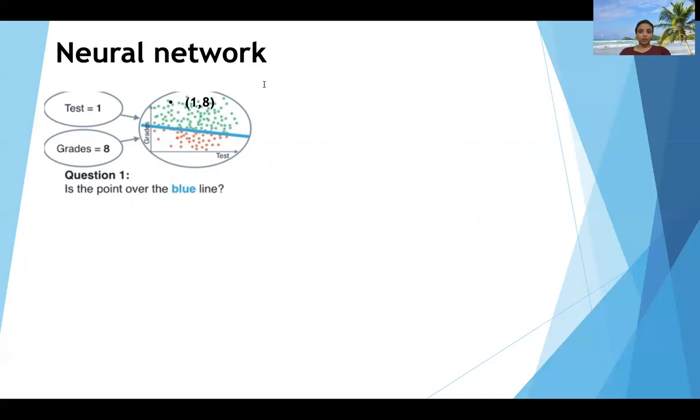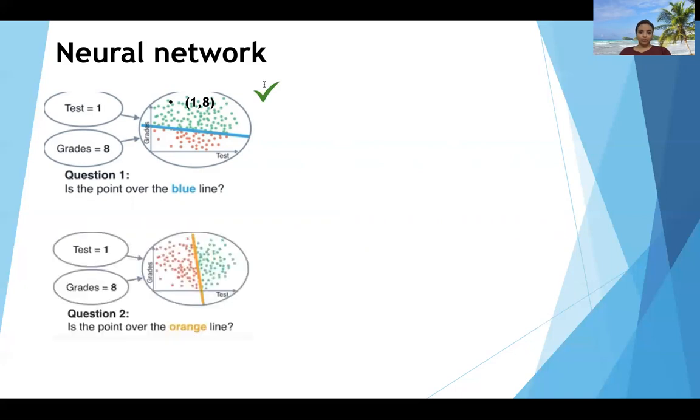The node plots the point and checks whether the point is above the blue line or not. And the answer is yes. For the second question, we have another node which answers whether the 1, 8 point lies above the yellow line or not. The answer is no.